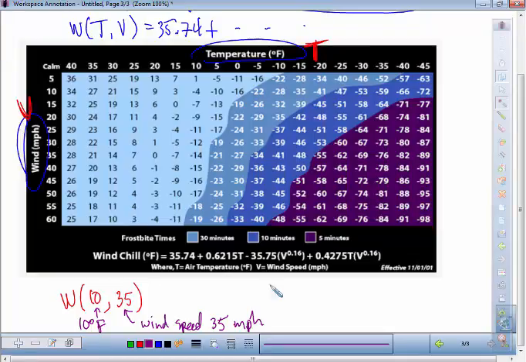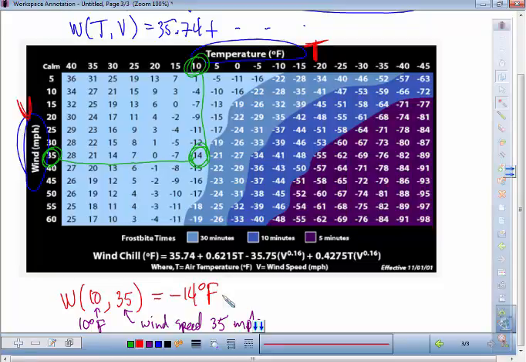What would you tell me the wind chill factor is? -14. So I would go to a temperature of 10 and the wind speed of 35, then I get my value out from there. So although it's 10 degrees outside, the wind is blowing really hard. If you go outside, it actually will feel like -14 degrees.